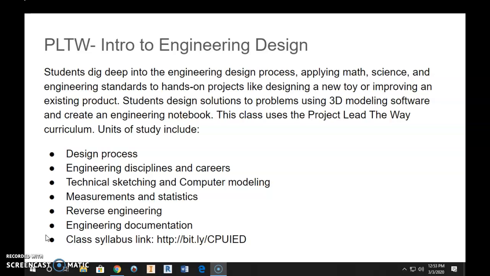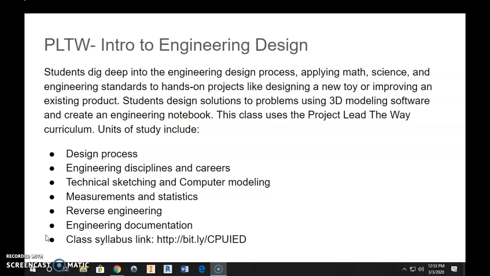In the Introduction to Engineering Design class, students dig deep into the engineering design process. We apply math, science, and engineering standards to hands-on projects, like designing a new toy or improving an existing product. Students design solutions to problems using 3-dimensional modeling software, and they create an engineering notebook.